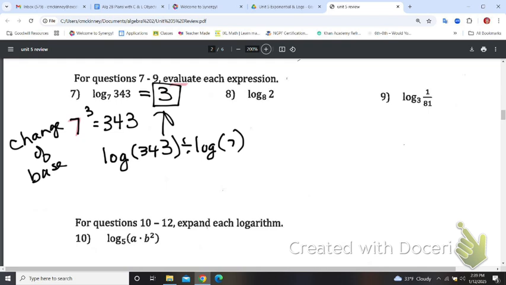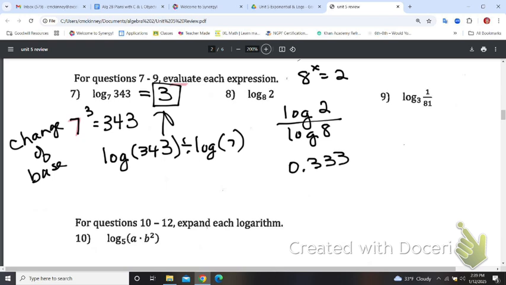All right, so number 8, again, you could go straight to change of base, log of 2, divided by log of 8, or you could make an exponential equation out of this, saying 8 to some power is equal to 2. And then it would become a problem like the front side of the page. If you use the calculator, you're going to get 0.3333, a whole bunch of 3's.